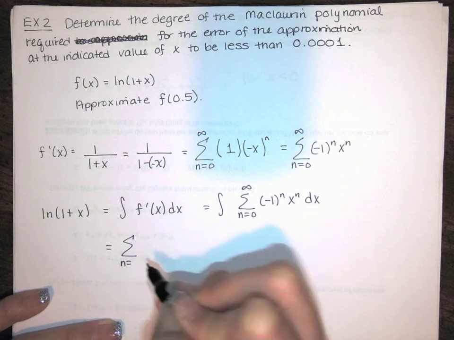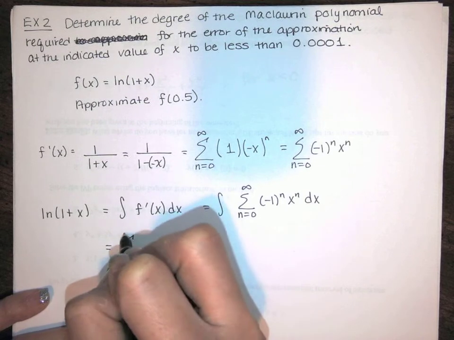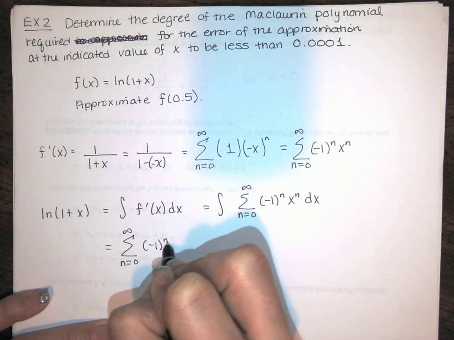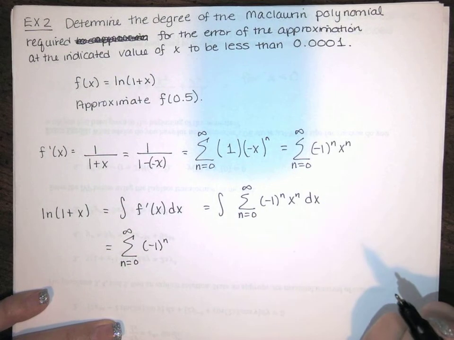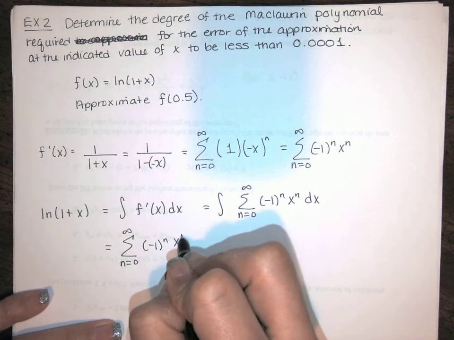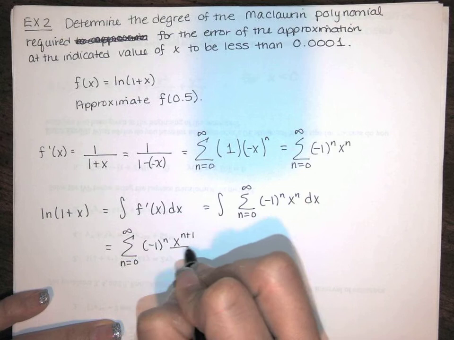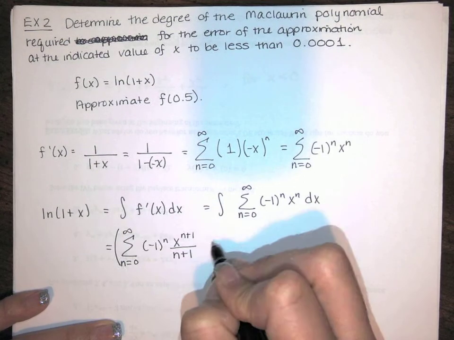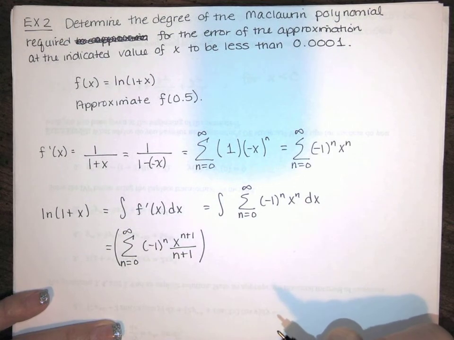The antiderivative of the sum is the sum of the antiderivatives. So you can pull that integral operator inside and just take the antiderivative of x to the n. So we add 1 to the exponent and divide by the new exponent. Don't forget to add c.